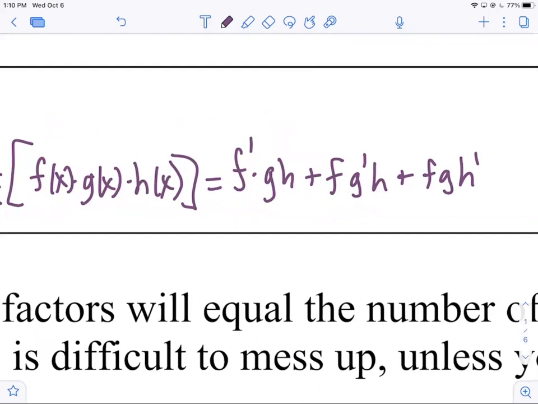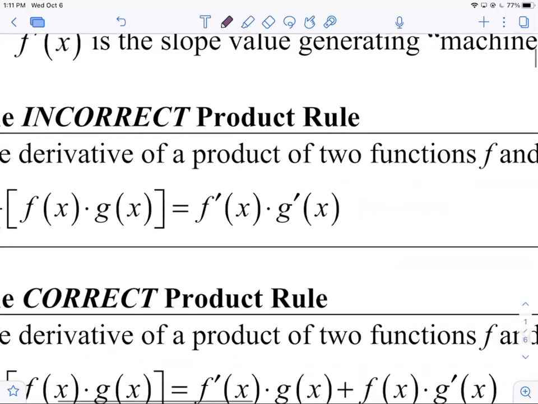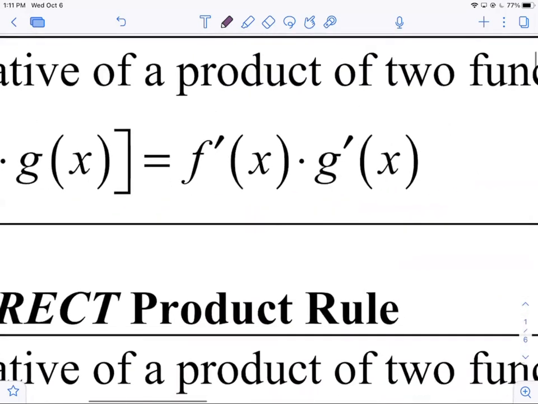You'll always generate as many terms as you have factors, okay? Three factors generates three terms, two factors generates two terms. And you take the derivative of only one of them in each term, one at a time. It's really hard to mess up the product rule if you have that idea in mind of taking turns. Really, the only way to mess it up is if you get anxious and take them both at the same time.